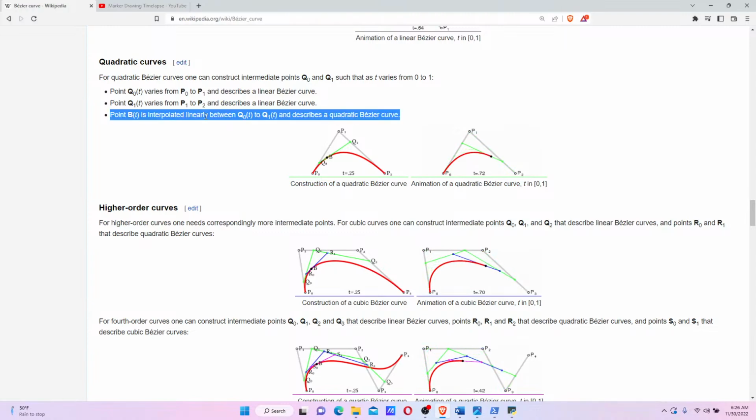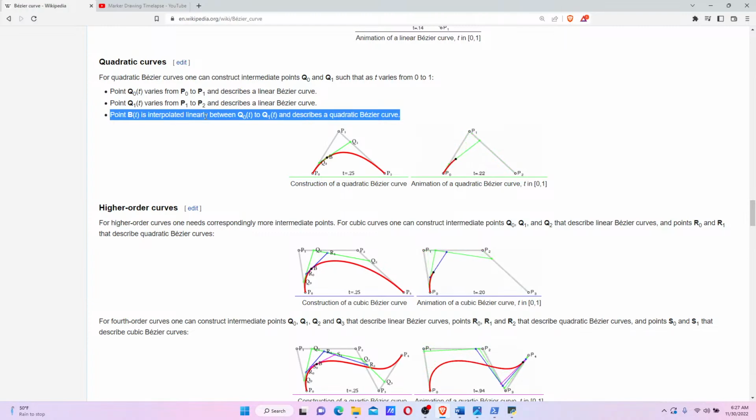Interpolated linearly between Q0 and Q1. Interpolated linearly. I don't know what that means. How do you get point B?